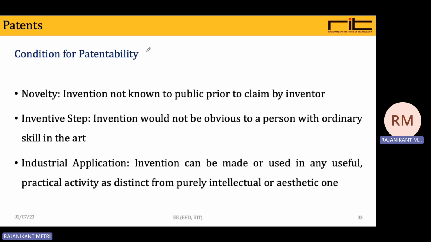Already we have seen these conditions: novelty, an invention not known to the public prior to the claim by the inventor; then inventive step, not obvious; and industrial application. Just now we have seen it should be useful for mankind as well as for the industry.